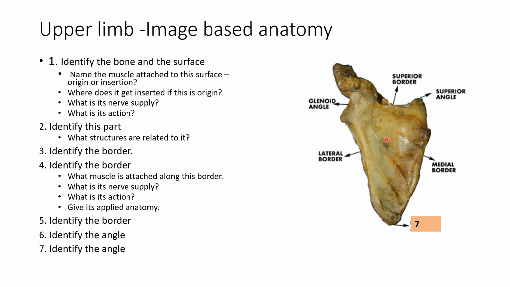It is the remaining angle. It is the inferior angle. Hope it is clear to you about the costal surface of the scapula and some of the important muscles that are to be studied about this surface, and the remaining borders and angles you have learnt.